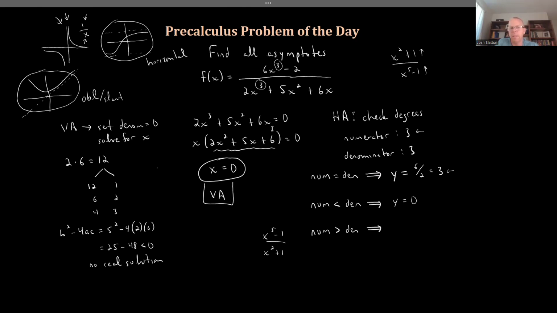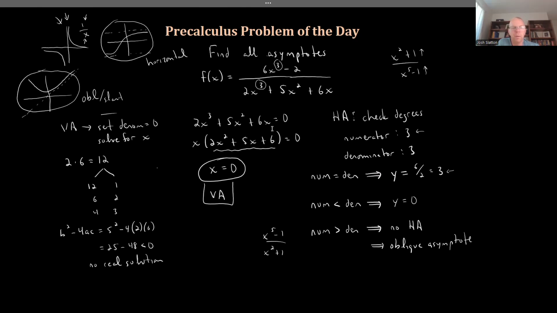Going to infinity is not a horizontal asymptote. So in this case, we'd have no horizontal asymptote, but we would have an oblique asymptote. Maybe we'll do one of those in another video. We're just doing the vertical and horizontal here. So we have x equals 0 for the vertical asymptote.